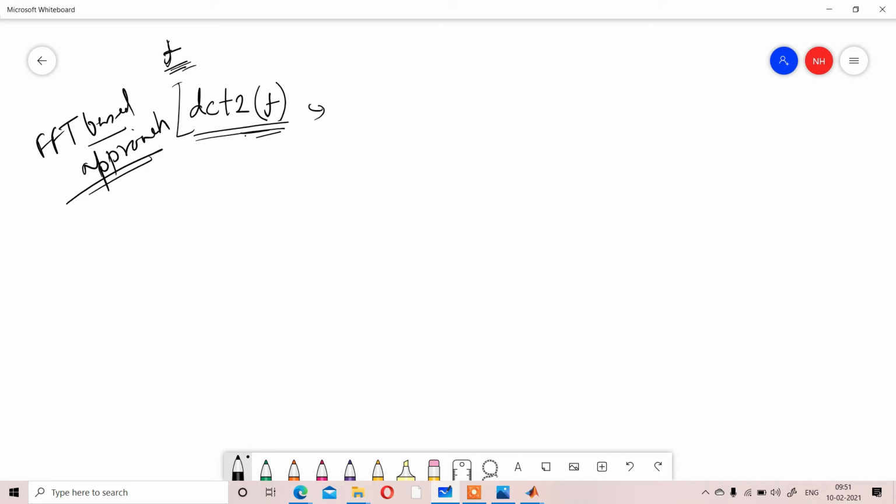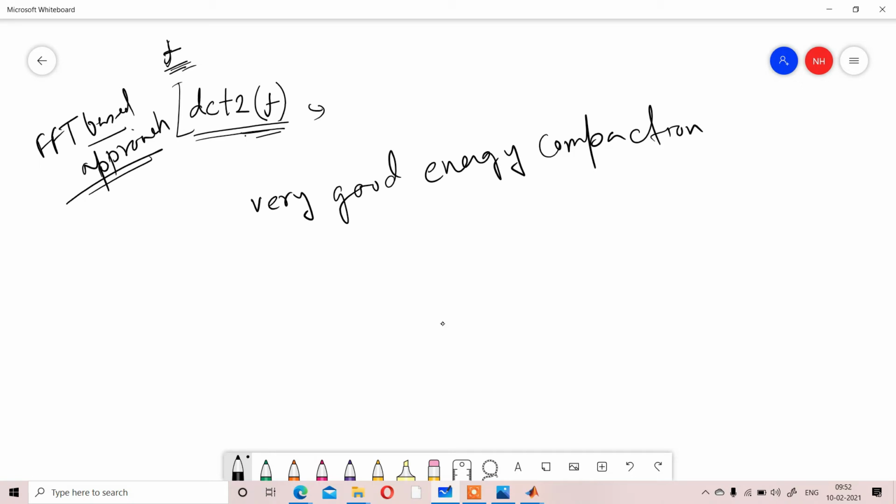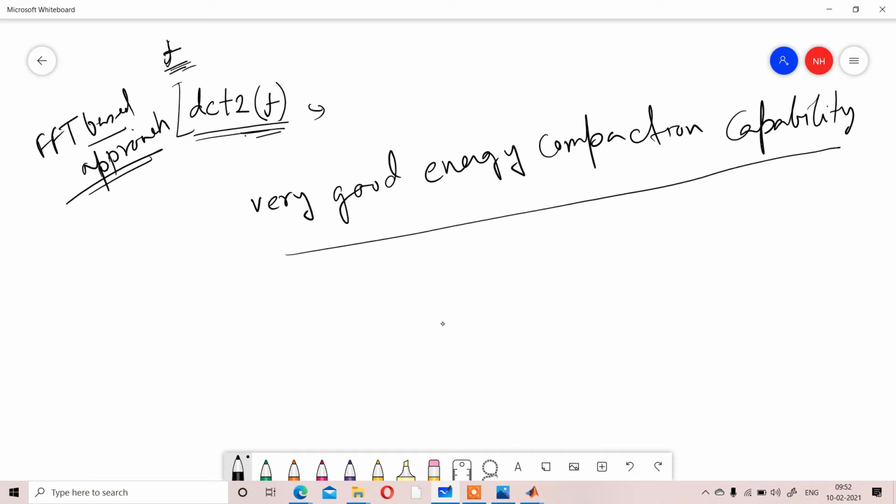Very good energy compaction capability means what? What is the meaning of that? Have you any idea? Any idea? No idea?